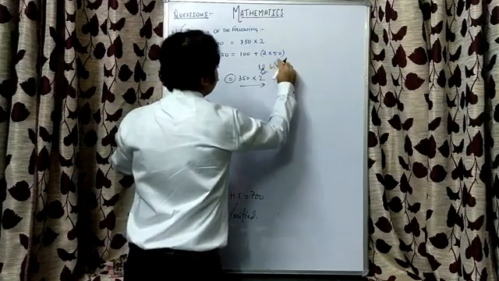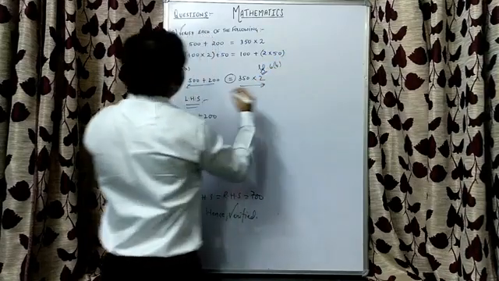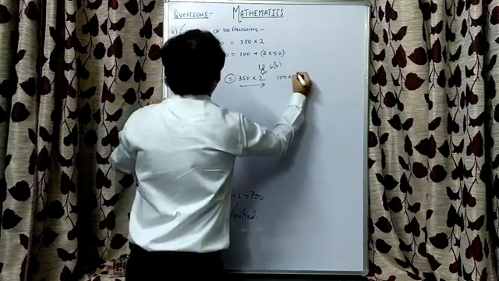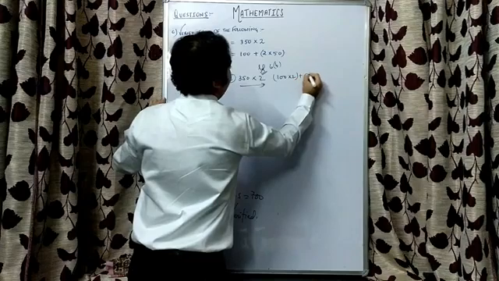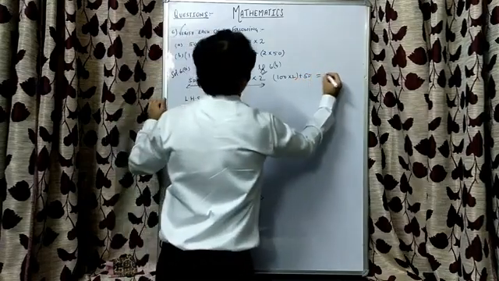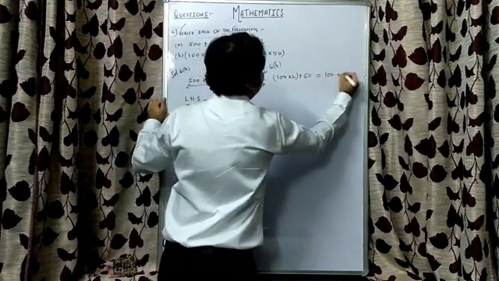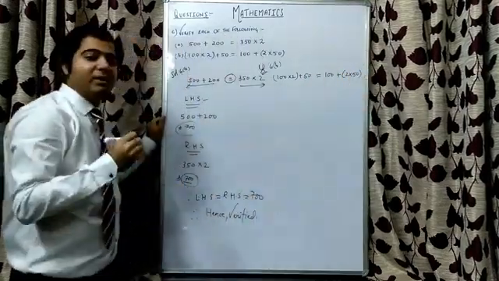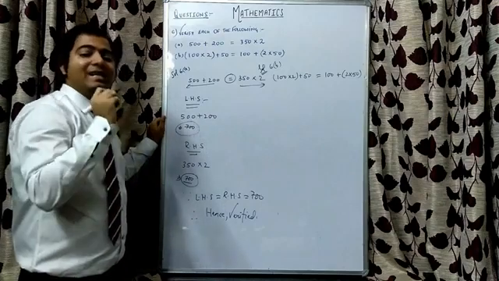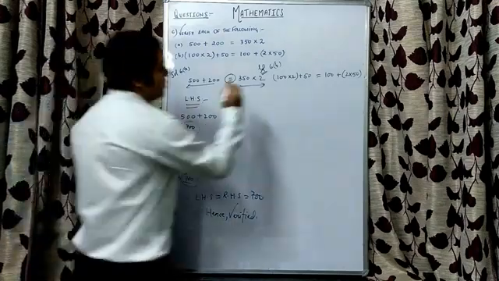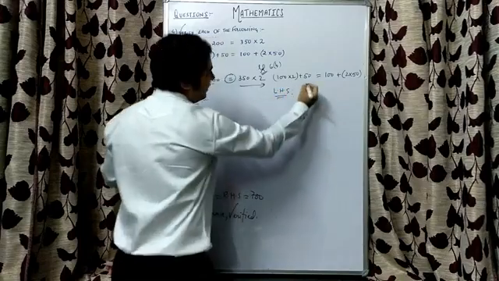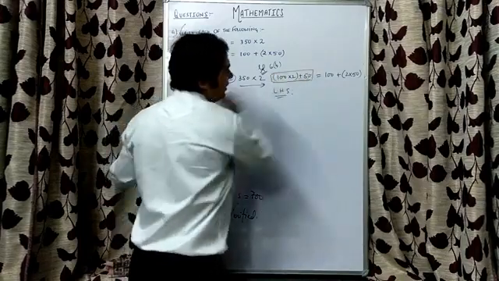Now, solution 6b. In 6b it says 100 into 2 plus 50 is equal to 100 plus 2 into 50. Again I am repeating, we will be solving each side separately, right? So LHS for this will be whatever is coming on the left hand side of the equal to sign, right?